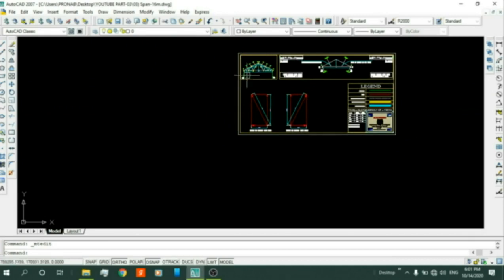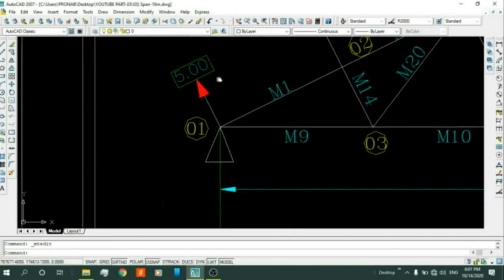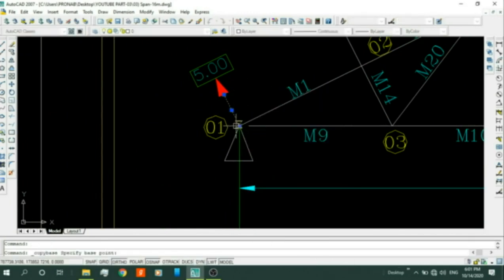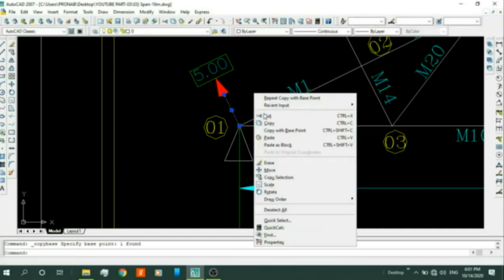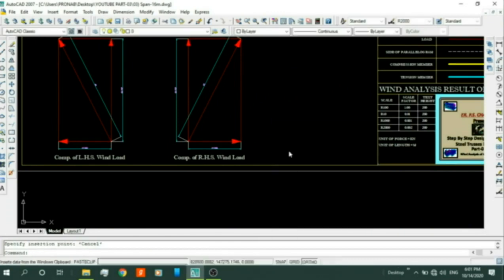Now I am resolving this force. I'm taking this line, paste here, paste here.